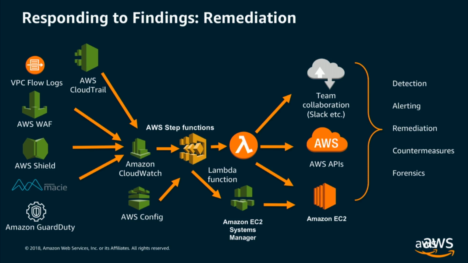And why do we use Step Functions versus just a Lambda directly? What happens when you run a Lambda and it fails? It just kind of sits there, which kind of sucks, right? Especially if you're doing remediation and you need it to do something if it does fail. If you've ever tried to disconnect a volume on an EC2 instance and the volume is in use, what happens?